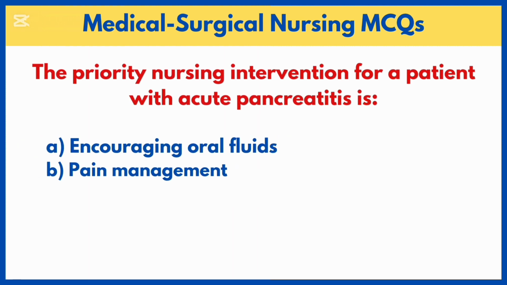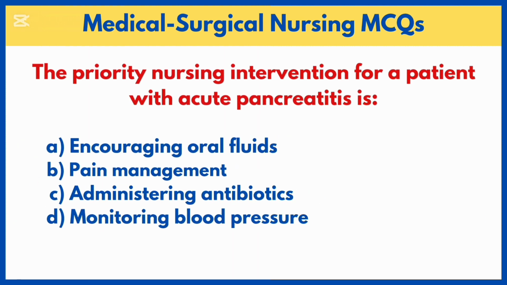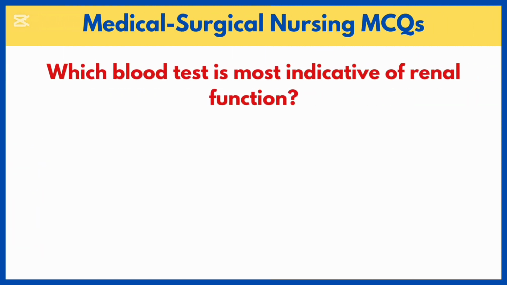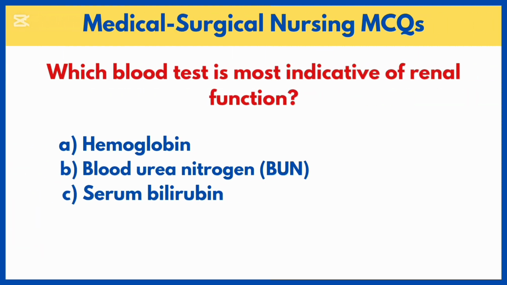The priority nursing intervention for a patient with acute pancreatitis is. Correct answer is option B, pain management. Which blood test is most indicative of renal function?